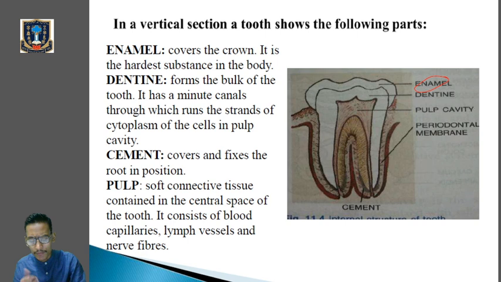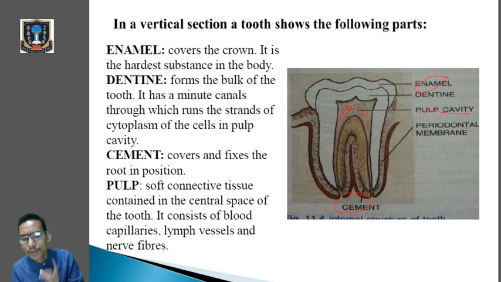Then comes the pulp, the soft connective tissue part. Can you see the pulp cavity over here? The soft part is called the pulp, P-U-L-P, which is mainly composed of soft connective tissues contained in the central space of the tooth.